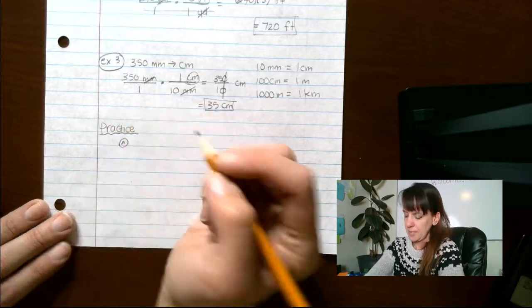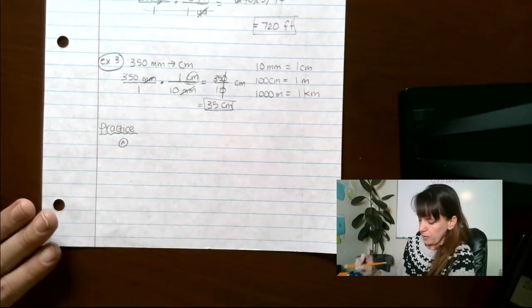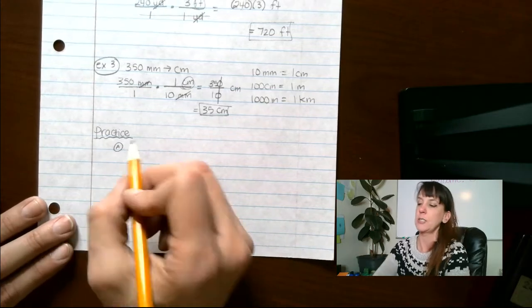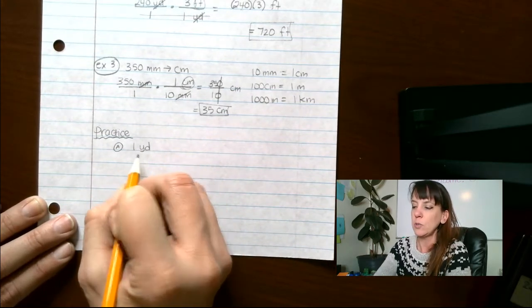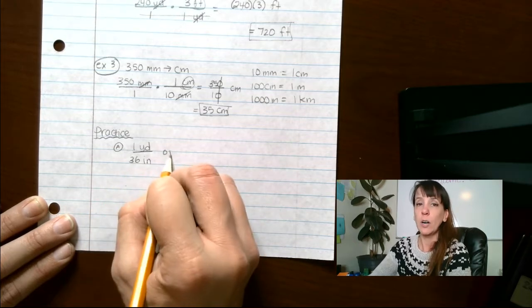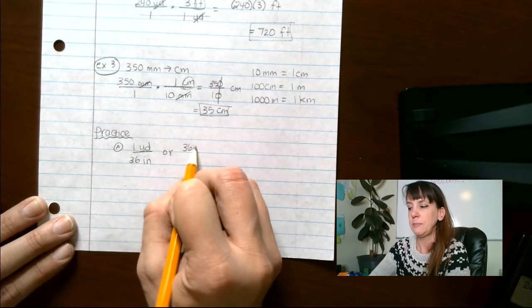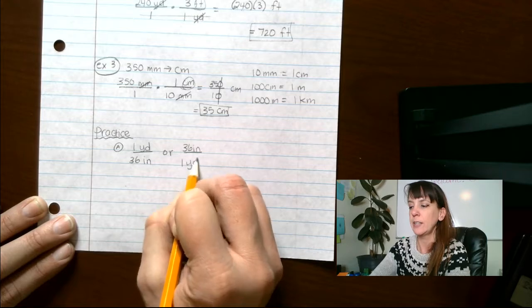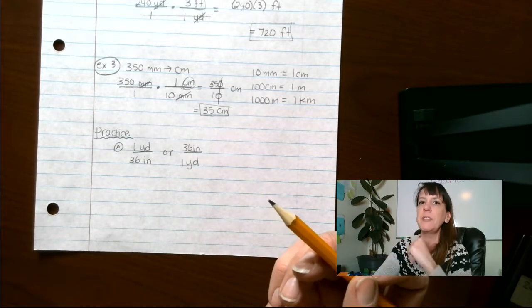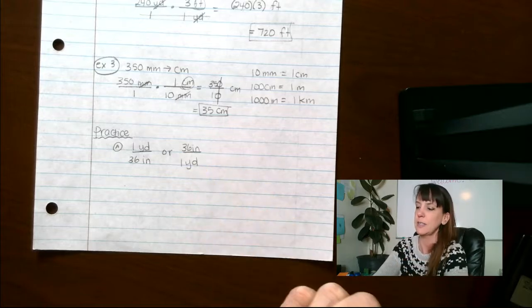A is going to be, so we want to write 2 unit multipliers for each pair of equivalent measures. So we have 1 yard equals 36 inches, or 36 inches equals 1 yard. And that's because in a foot, there are 12 inches in a foot and there are 3 feet in a yard. So 12 times 3 gives us 36.